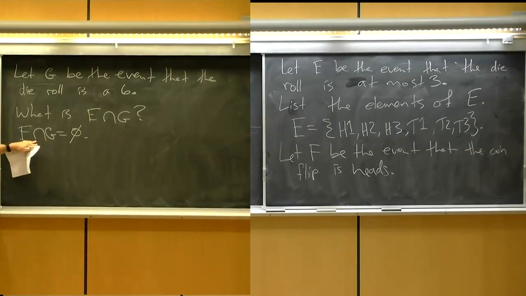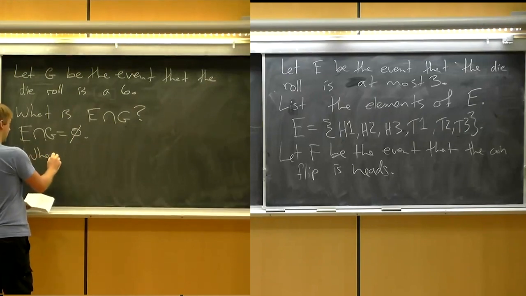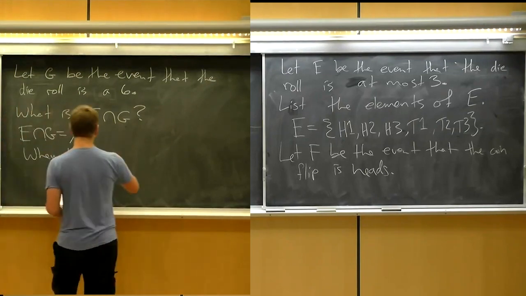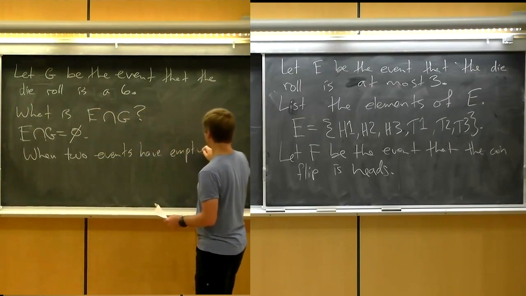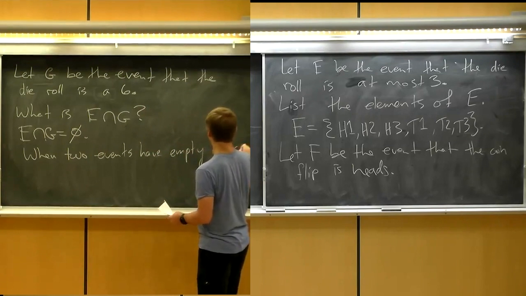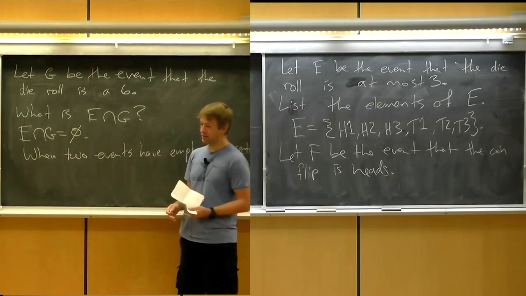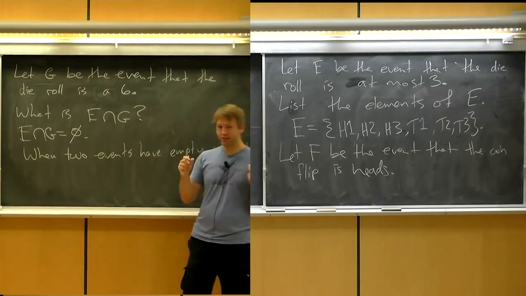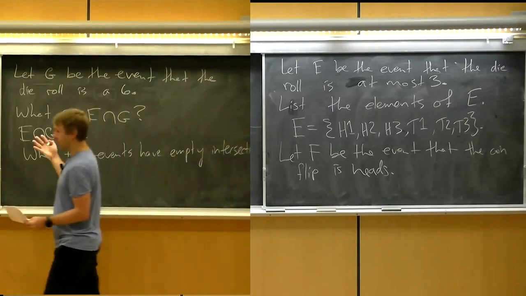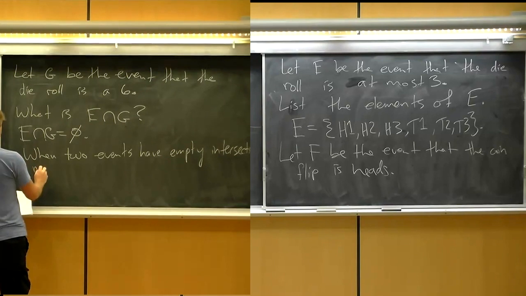So in this situation where two events have empty intersection, we introduced this terminology last week or something. We said the sets are disjoint. When we're talking about events, there's a slightly different terminology we use.